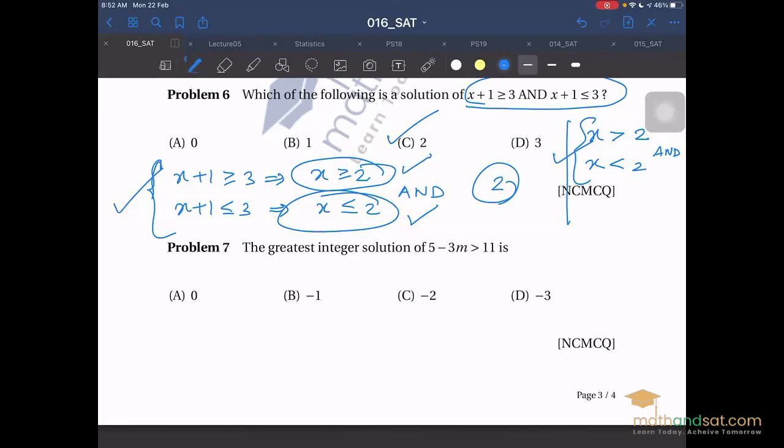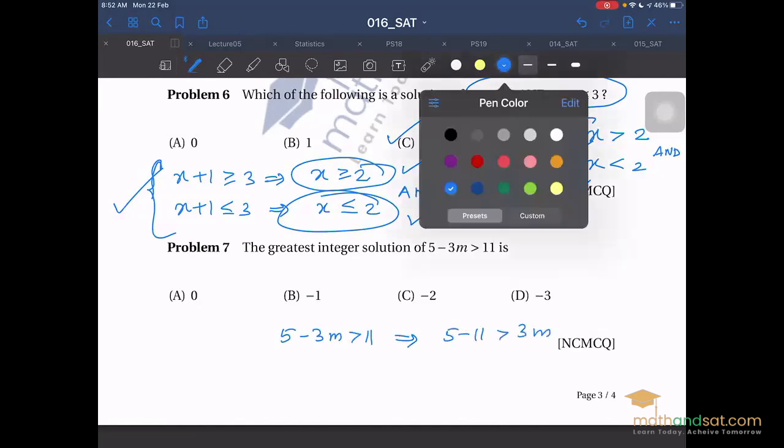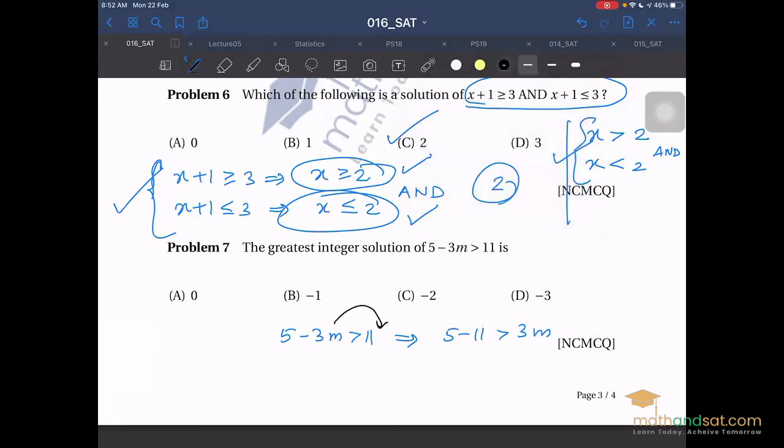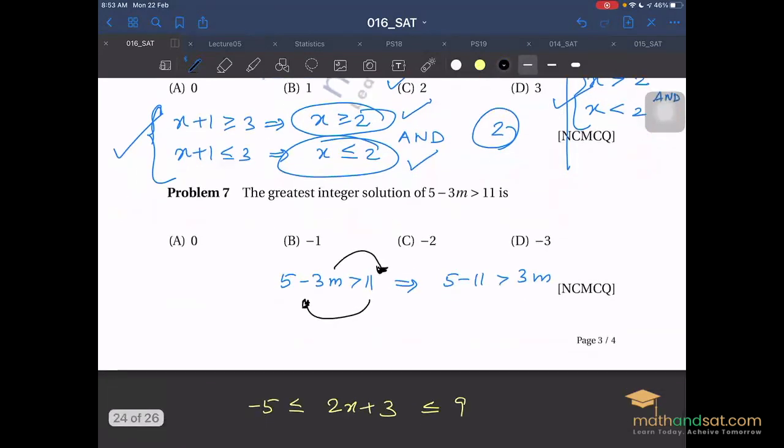You simply solve it. We have 5 minus 3m greater than 11, so we have 5 minus 11 greater than 3m. I have taken 3m to the other side, 11 to this side. So this is minus 6 greater than 3m.